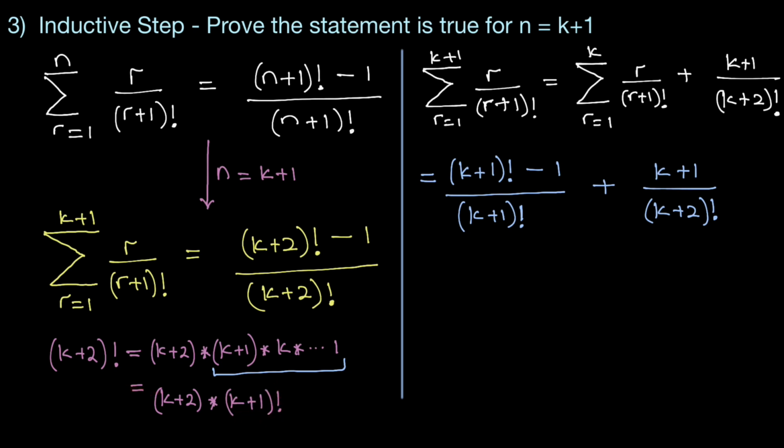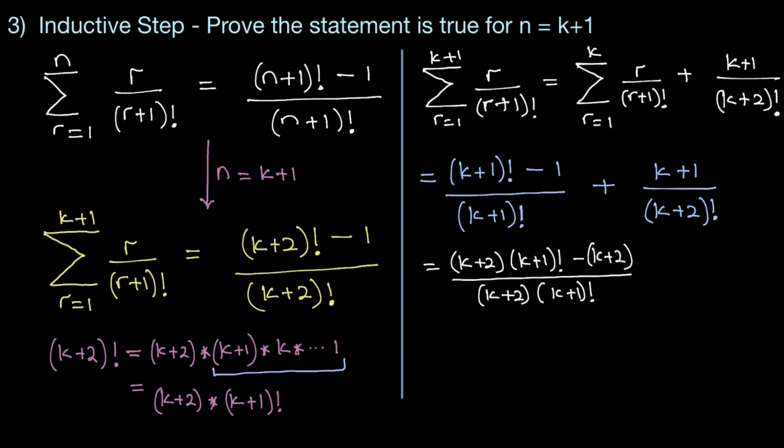So that will be equal to k plus 2 times k plus 1 factorial. I've already got k plus 1 factorial here. If I times it by k plus 2, I will get k plus 2 factorial. And this is k plus 2 factorial. So I need to multiply the top and bottom by k plus 2.